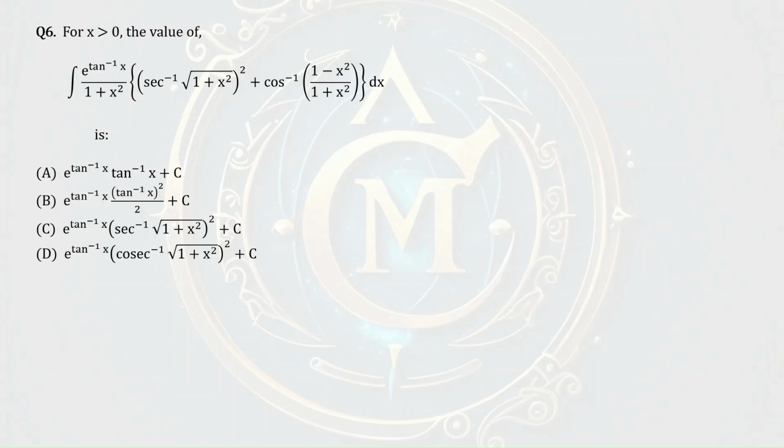The next question says for x greater than 0, the value of this integral is, and 4 options are given. Fine. So if we substitute tan inverse x equal to theta, then tan theta equal to x. So the integral becomes e to the power theta divided by 1 plus x square.